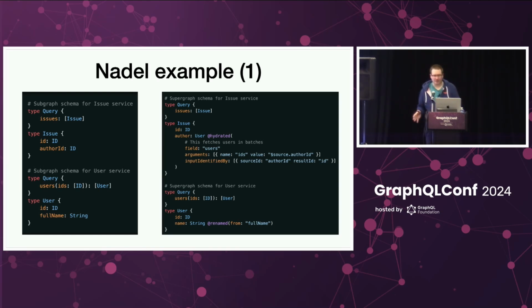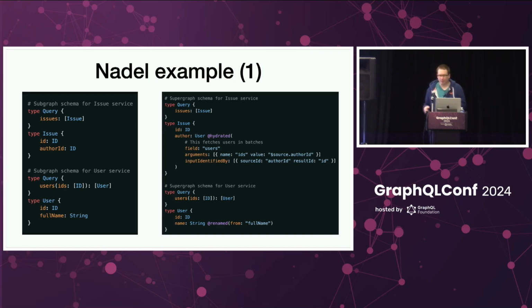This is a simple example. On the left, we have two subgraphs, one issue service and one user service. And these are standard GraphQL schemas, nothing special on them at all. But then on the right, we have the Supergraph schema being responsible for the subgraph. So there's a one-to-one relationship here.